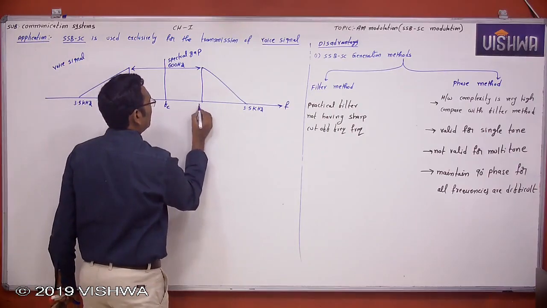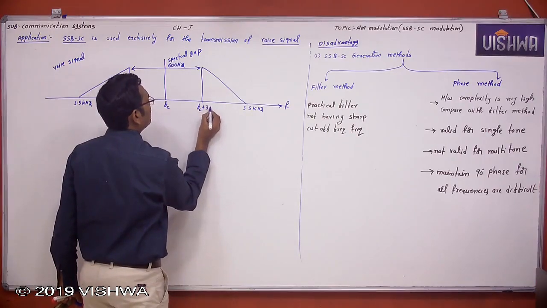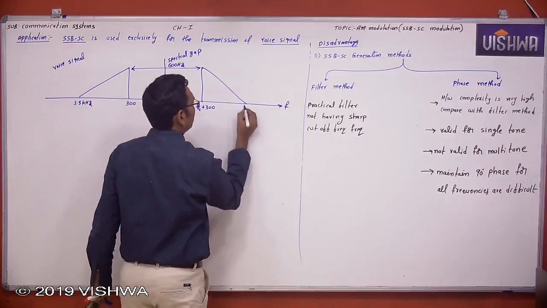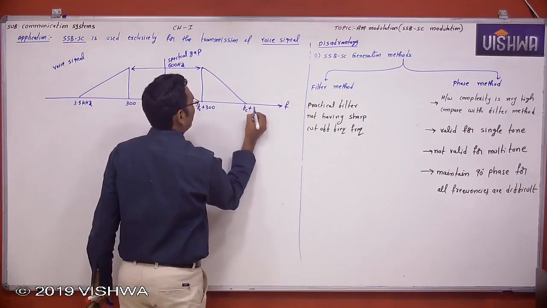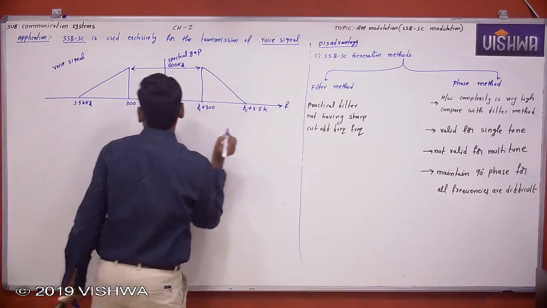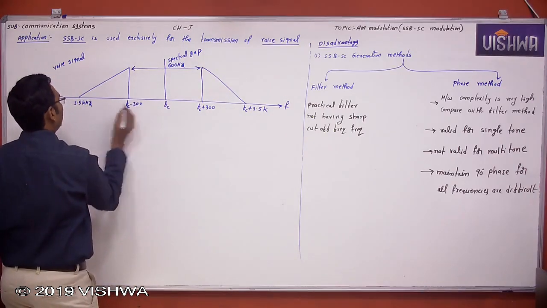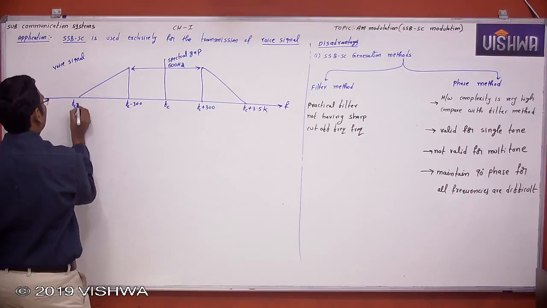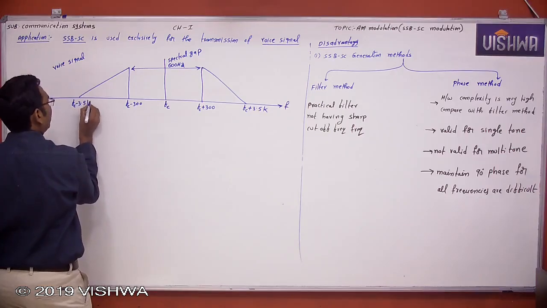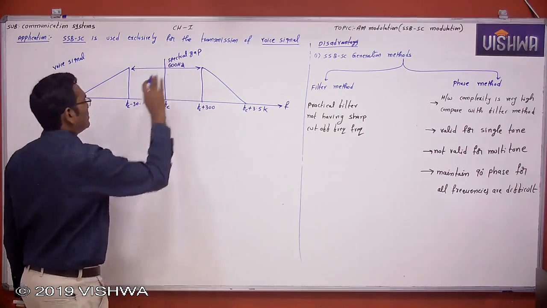Now this is FC plus 300, this is FC plus 3.5 kilohertz, after modulation. Now this is FC minus 300, this is FC minus 3.5 kilohertz. Again there is a spectral gap. Now this is the modulated signal.